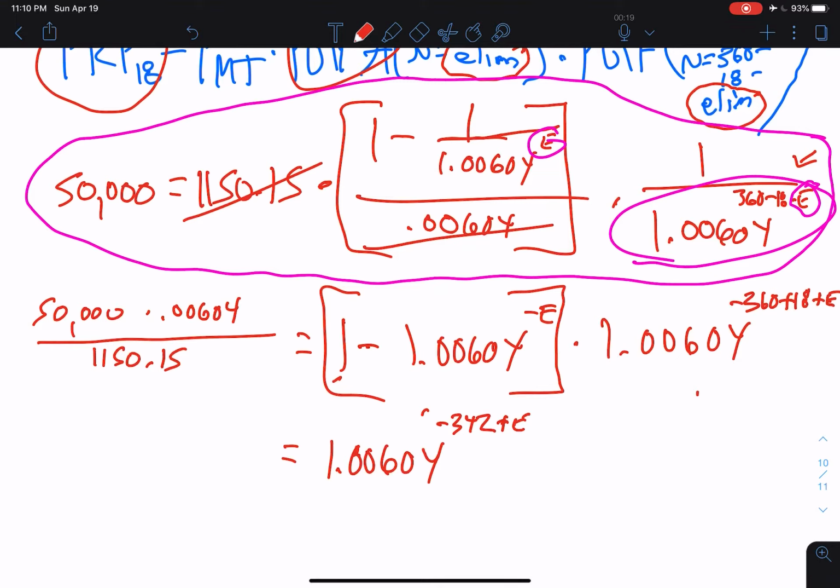So the minus sign is going to carry through here, so I have 1.00604, and then I add the exponent, so I have minus E plus E, so the E cancels out. I'm left with minus 360 plus 18, or minus 342, and that's going to be equal to this value over here. I'll just put that little notation there.